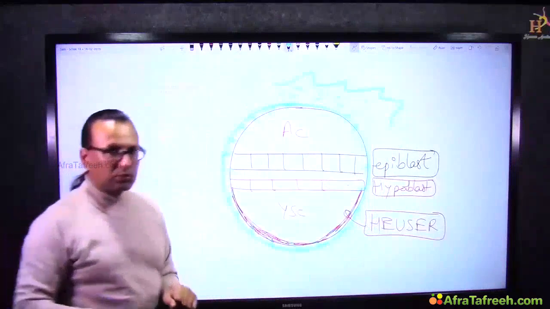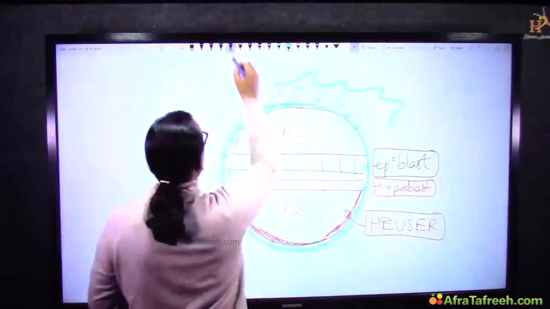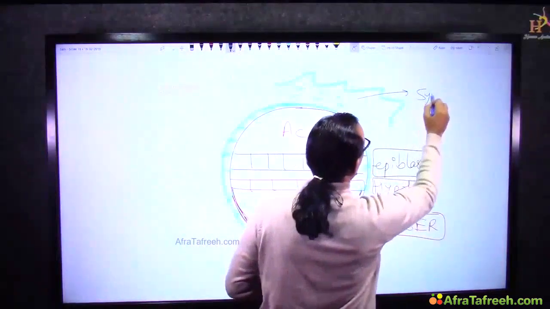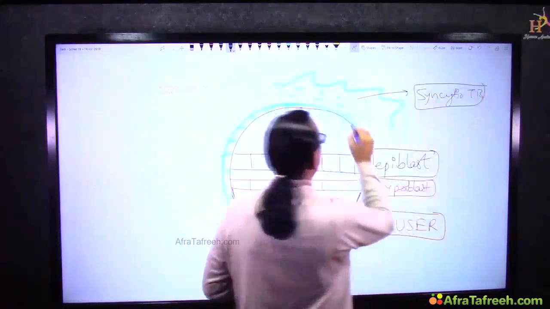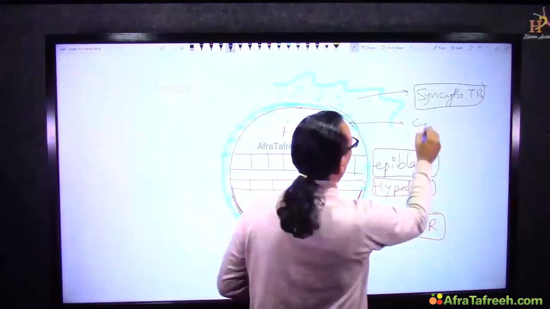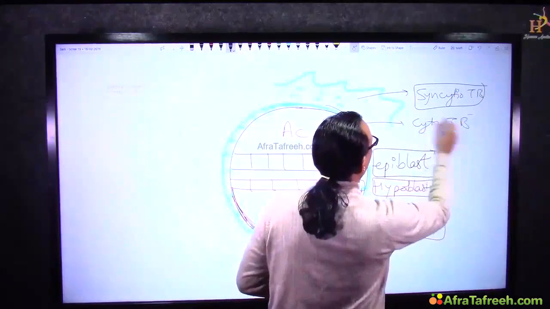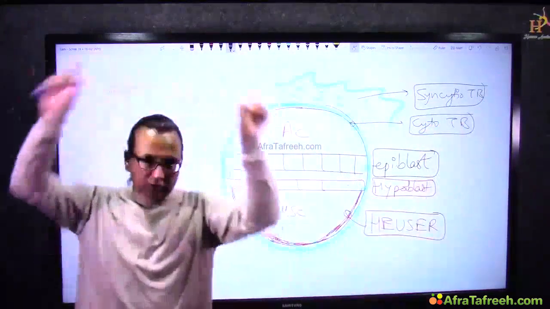What is that called? Actually, there are two types of cells. One is called syncytiotrophoblast, and the other one is called the cytotrophoblast. So you are telling outer cell mass.